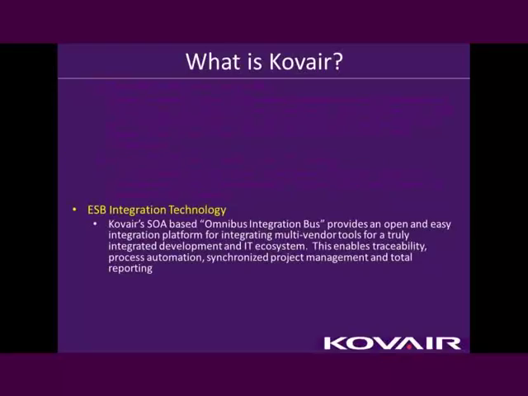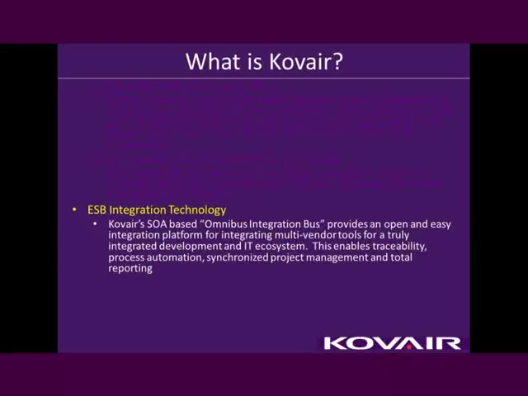The third component of Kovair is its integration technology called Omnibus. Using Omnibus, you can integrate any third-party development tool, as well as you can integrate your own in-house tools. And since it is based on web services, these tools and applications can be running on any kind of platform, whether it is Windows, Linux, on Mac, or Sun, or a mainframe, anywhere in the world, even behind the firewall.